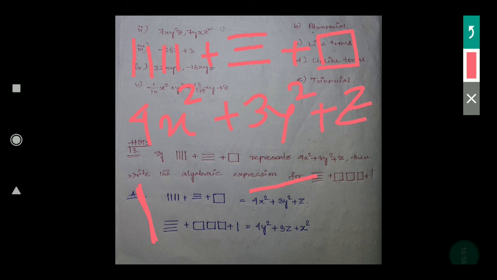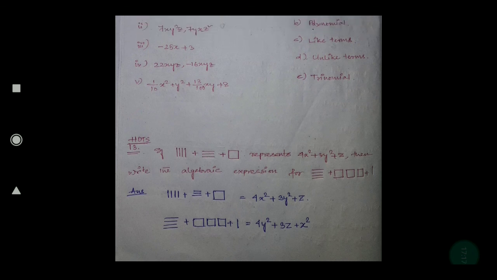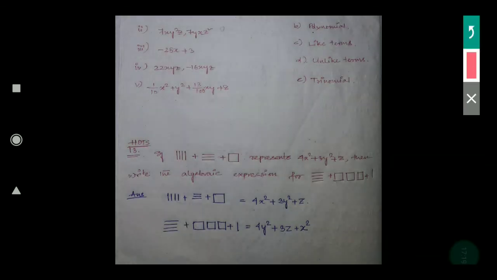Now 4x square means the number of vertical lines is 4. Here the number of horizontal lines is 3, that means 3y square. Here the number of boxes is 1, that's why z.